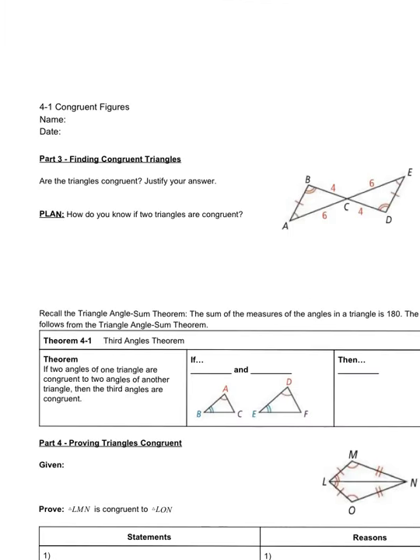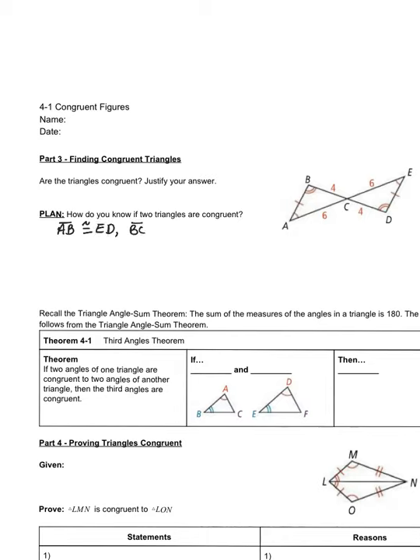All right, so part 3 asks us, are these triangles congruent? Justify your answer. How do you know if the two triangles are congruent? Okay, well, let's start looking at what's labeled and what's given to us. So AB is congruent to ED.